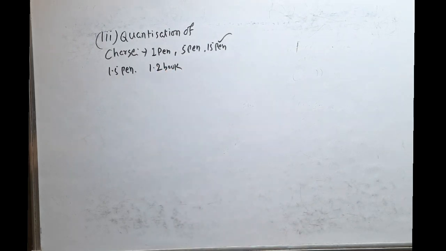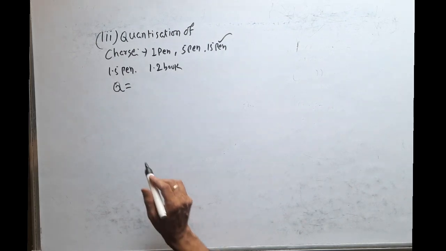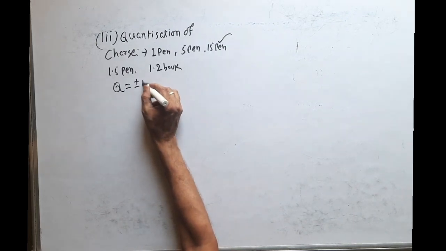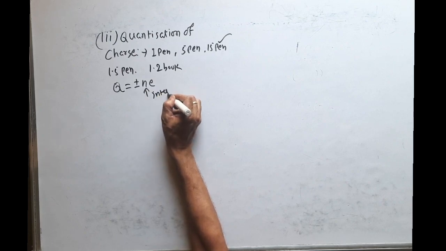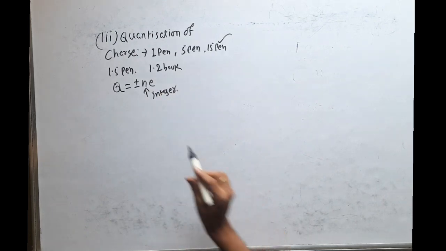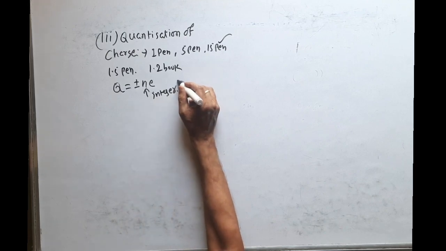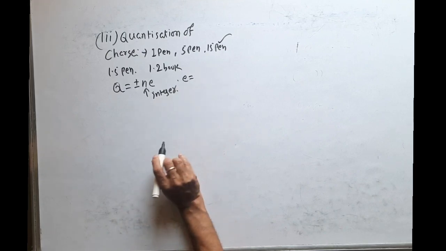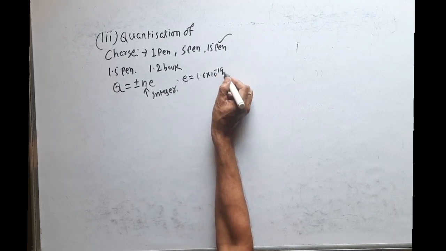You can ask for 1 book or 2 book. Similarly, the charge of any body is expressed as plus or minus n times e. This n must be an integer. So what is e? E is the fundamental charge. What is its value? 1.6 times 10 to the minus 19 coulomb.